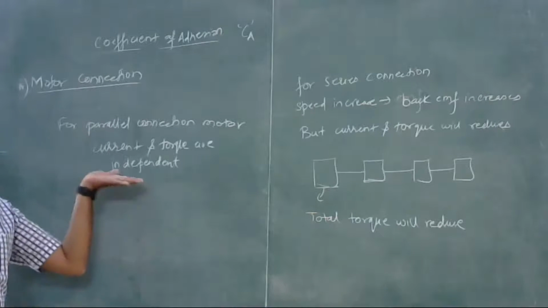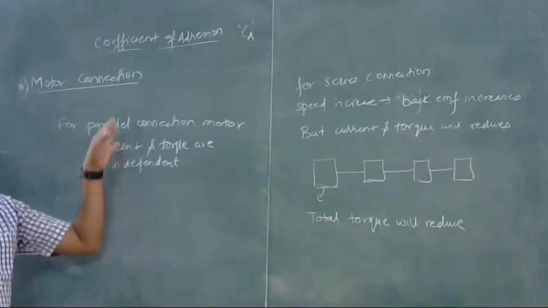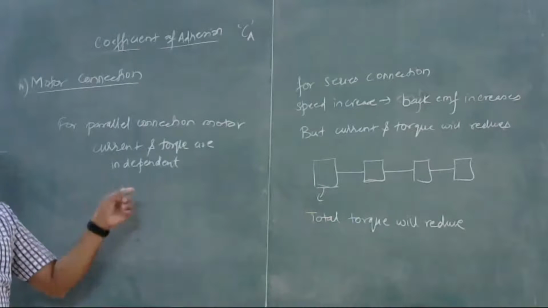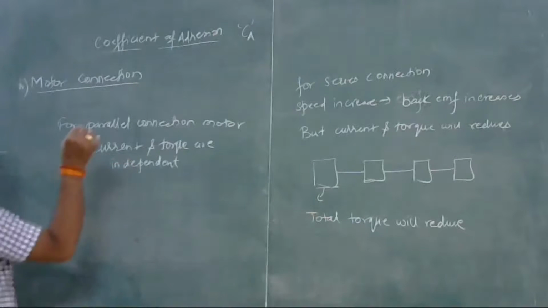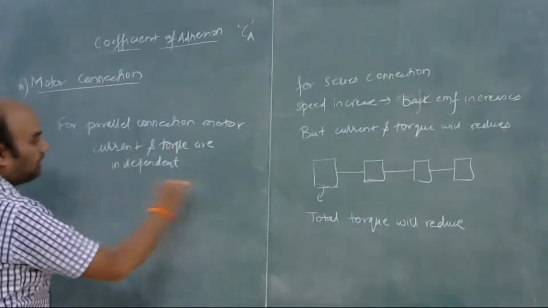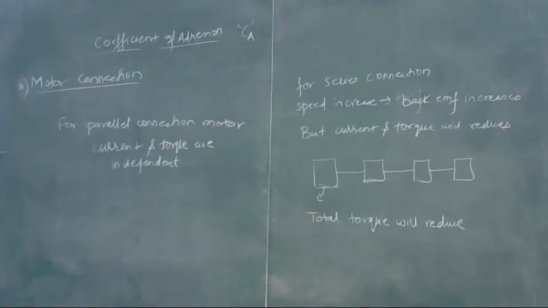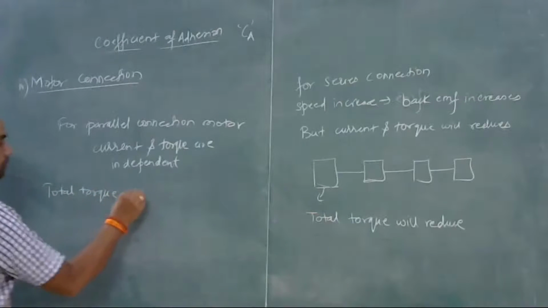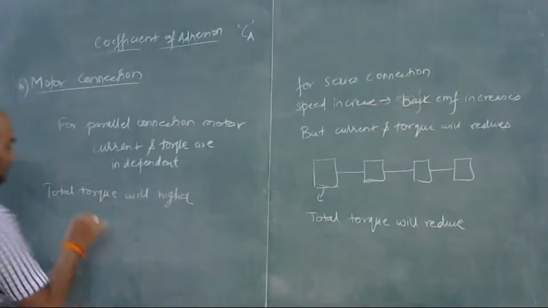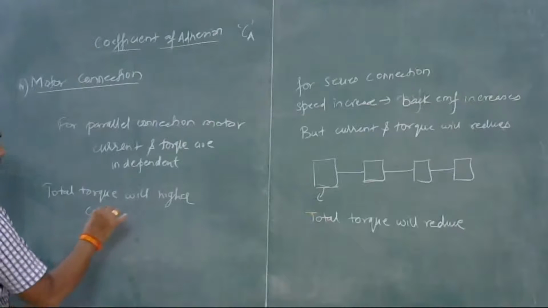The torque and current will be reduced only for the motor whose wheel has slipped. So this will affect the motor connected to the slipped wheel, but it will not affect the other motors connected in parallel. So the total torque will be higher, and hence CA will be higher.